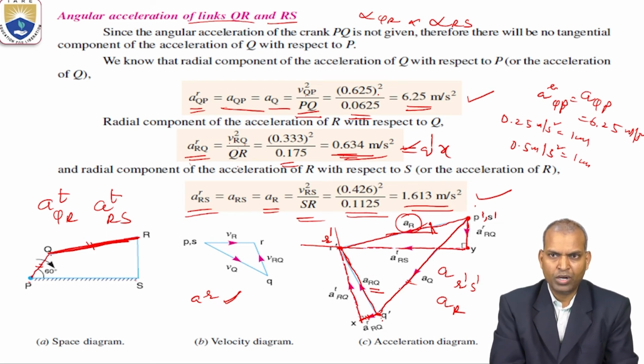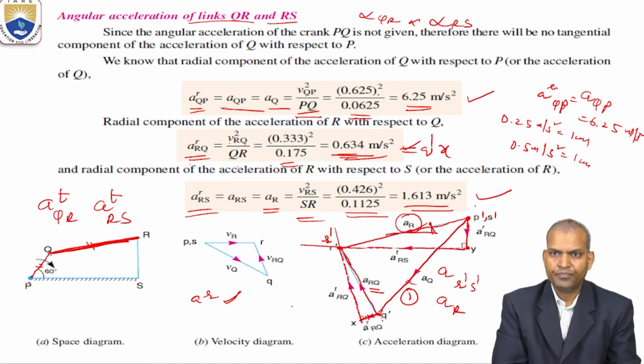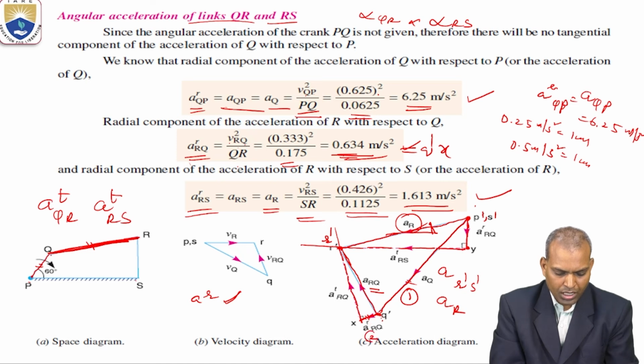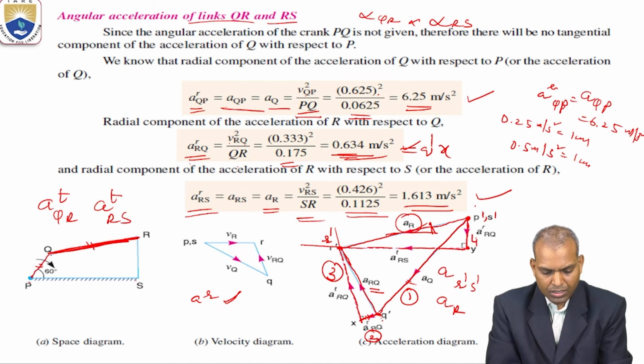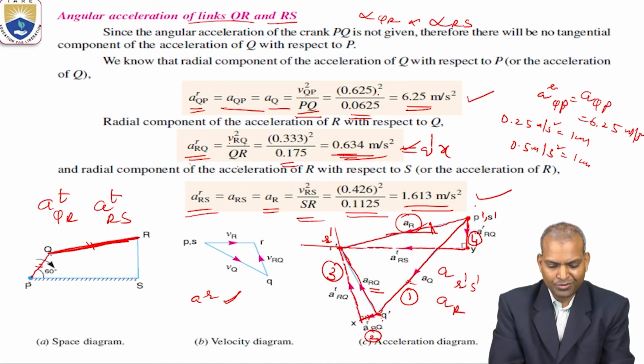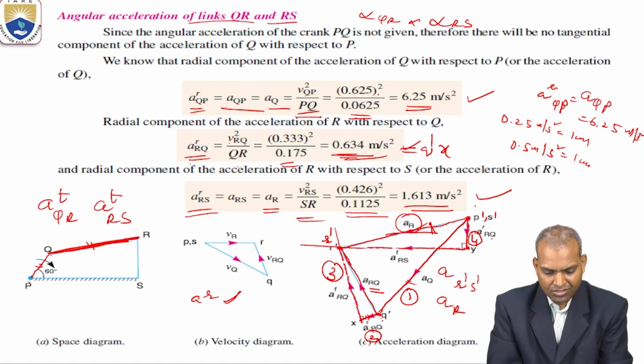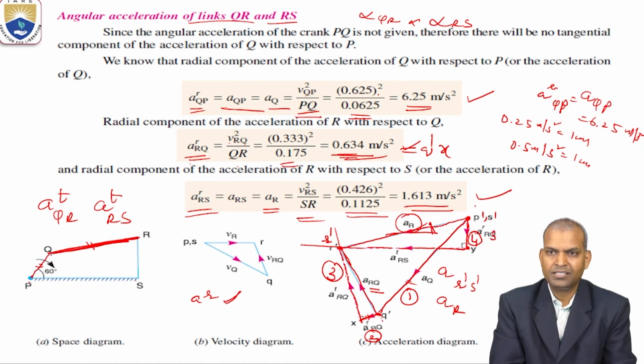How have we done it? What is step number 1? Step number 1 is P dash Q dash. Step number 2, RQ. Step number 3, AT RQ. Step number 4, AR, RS.